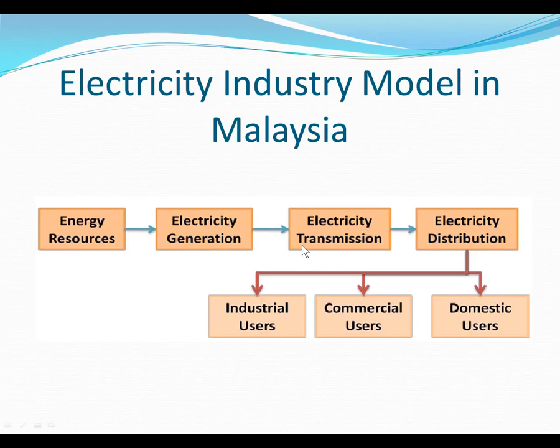From the transmission system, power will reach the distribution substations. In these distribution substations, power will be distributed to the loads. So in this example, we have three types of major loads, which are domestic loads, commercial loads, and industrial loads.